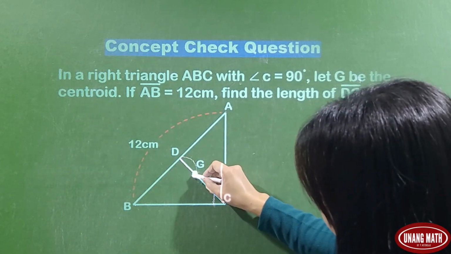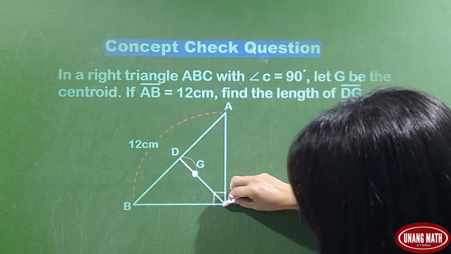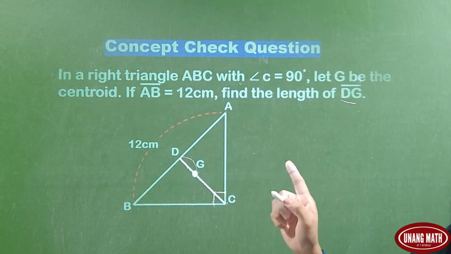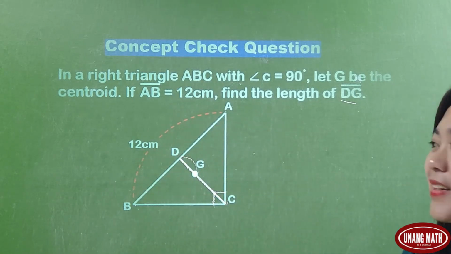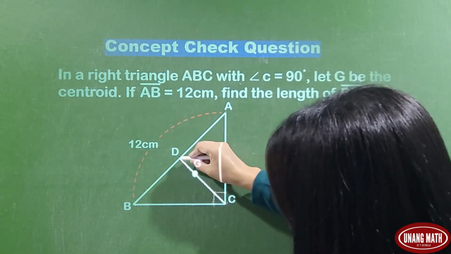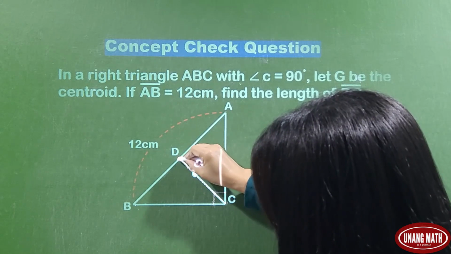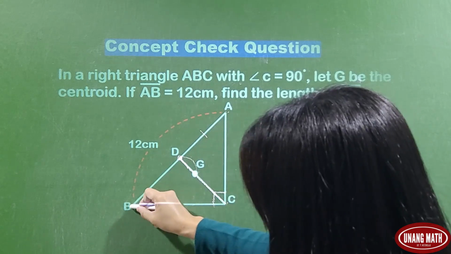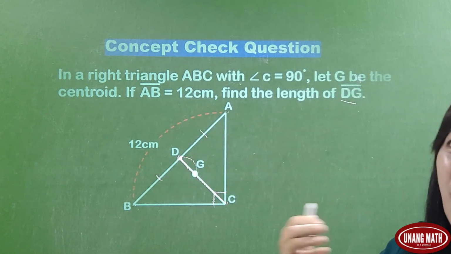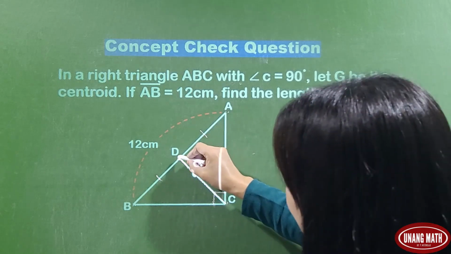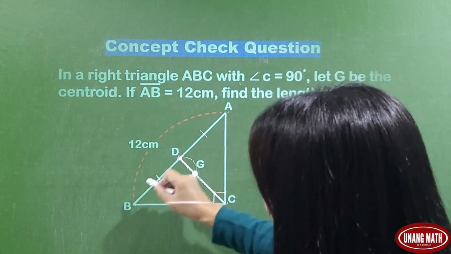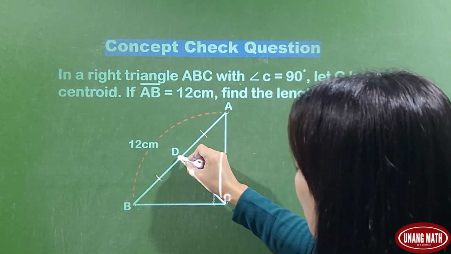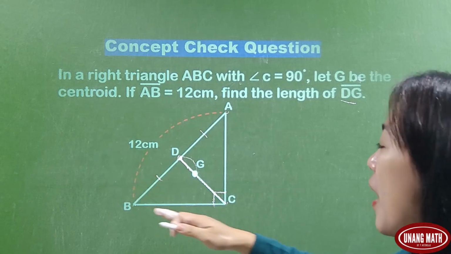So if this is centroid, then it means from this vertex to this point is the median of this triangle. Vertex to this midpoint. If this is the midpoint, then from B to D are equal in length. And since this is the midpoint of this hypotenuse, then it means this is also the circumcenter of our circumcircle.